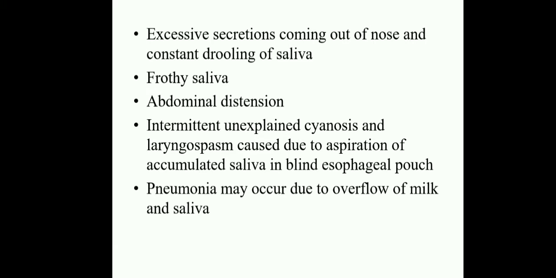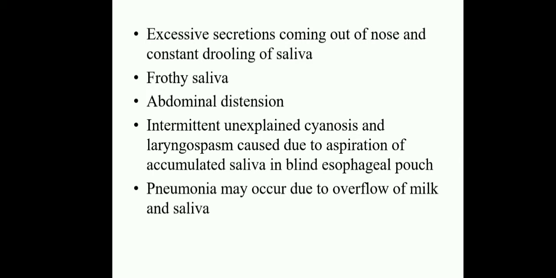The next clinical feature is intermittent unexplained cyanosis and laryngospasm, caused by aspiration of accumulated saliva in the blind esophageal pouch. And pneumonia may occur due to overflow of milk and saliva.